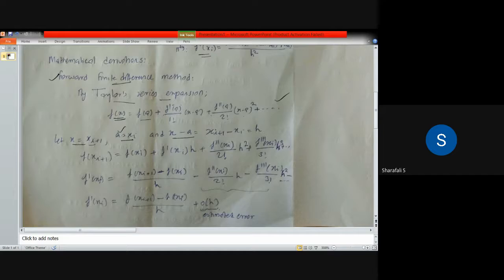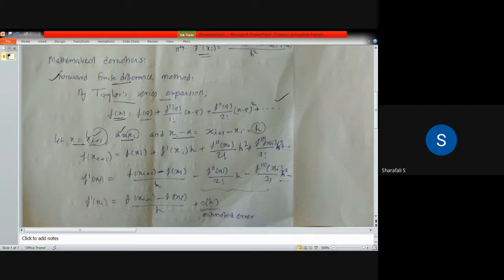So let us consider that point as a, that is equal to xi, and x is xi plus 1. So xi plus 1 minus xi, that is the term, and that is directly h, the difference between the adjacent x values, and that is nothing but delta x, change in x, that we already discussed.